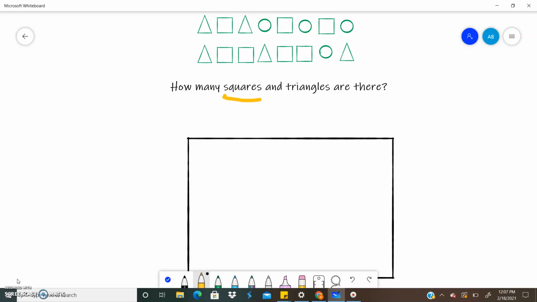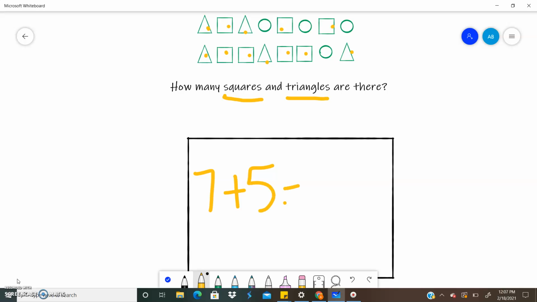How many squares and triangles? Now you have to be careful the way you read these problems because sometimes they're a little tricky. So let's see, squares. How many squares do we have? 1, 2, 3, 4, 5, 6, 7. Okay, and how many triangles do we have? Right, 1, 2, 3, 4, 5.